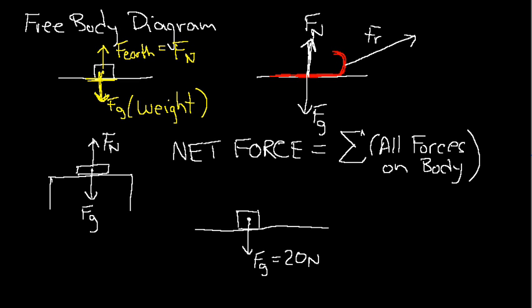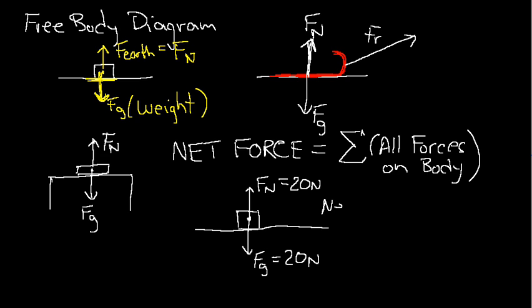Now we have the force of the earth pushing upward, or the floor that the box is sitting on pushes up on the box. And that's the normal force. Now we don't know what that normal force is, but the box isn't moving, is it? So the normal force would have to be 20 newtons upward. In other words, if gravity's pushing the box down at 20 newtons and the floor is pushing the box up at 20 newtons, they kind of cancel each other out.